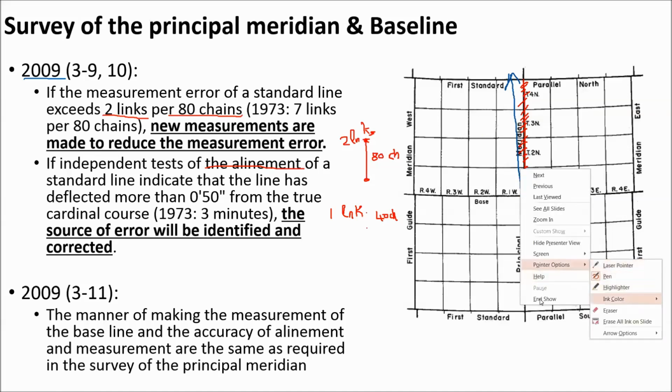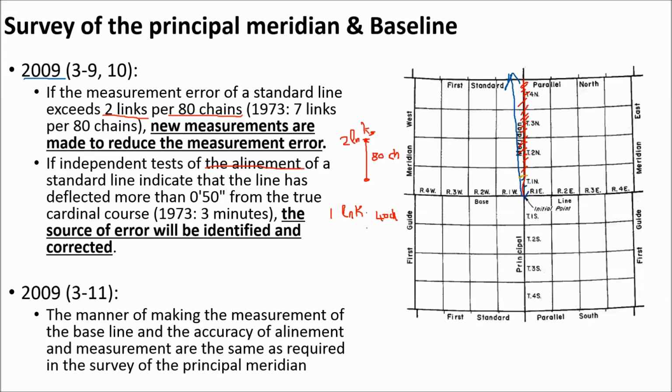What does the government tell us about this case? Are we going to accept it? Again, it's not approved yet. Is the government going to stamp it and approve it? Not if it's off by more than 50 seconds. So if the deflection of the line from north is more than 50 seconds, hold on, resurvey, meaning you find the error and then you correct it.